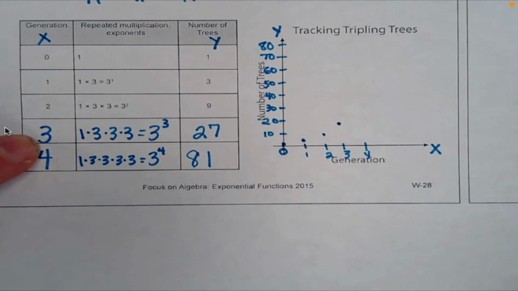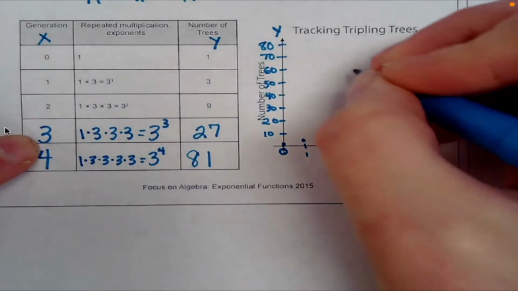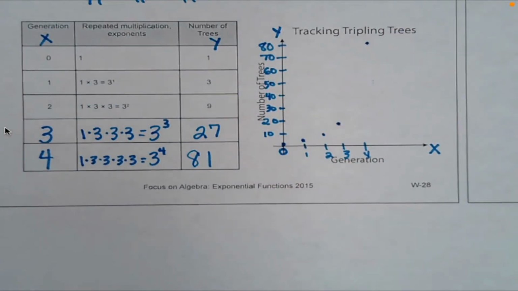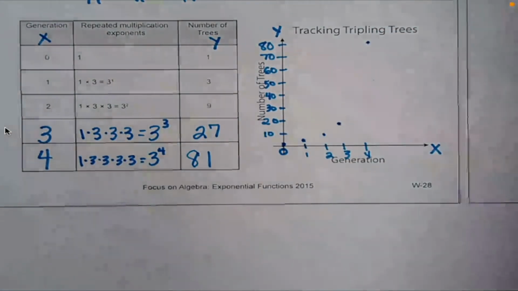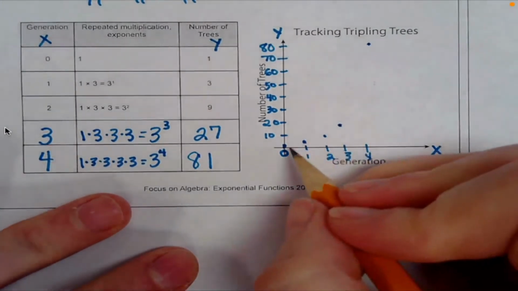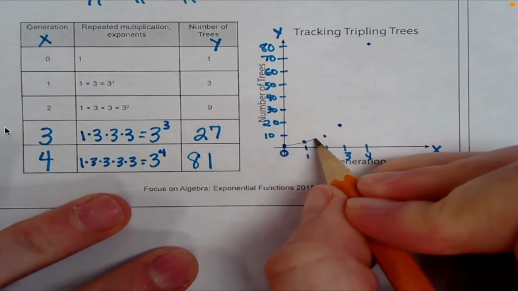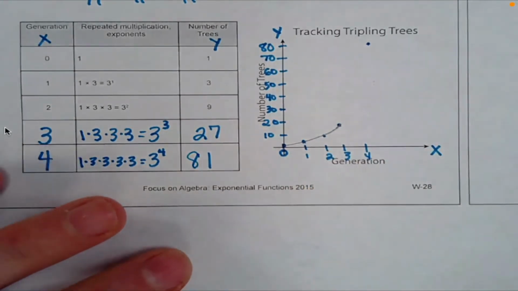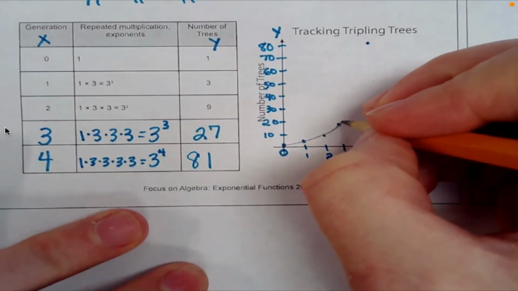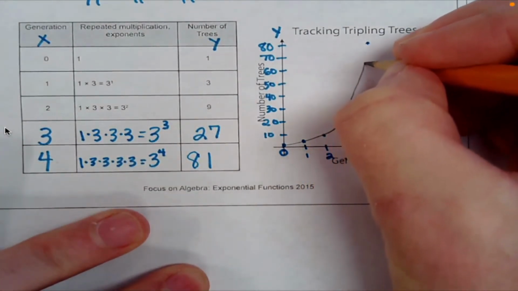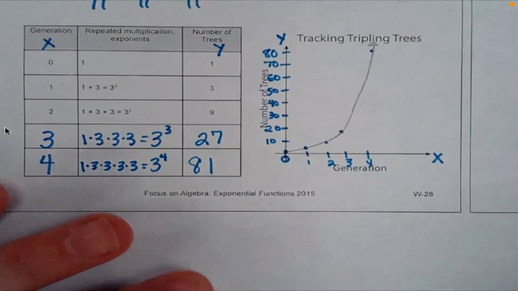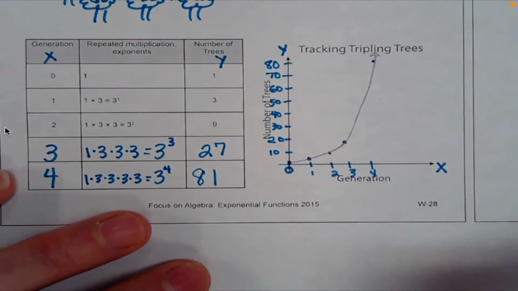That's when it starts to curve upward. 4, 81. So it's tripling every time. Go ahead and draw a smooth curve to connect all your dots. And it has an arrow at the end because it's going to continue on and on to infinity.